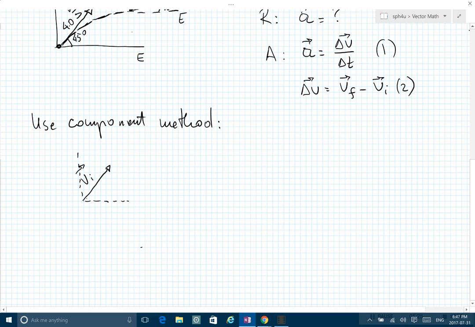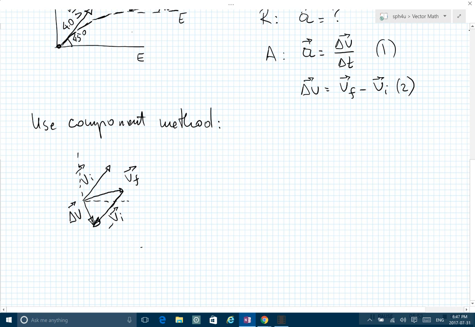I'm just putting both vectors in the same place. This is VF. And what we're looking for is, this is negative VI. We're looking for delta V, which is this one here. I know it looks a little bit messy here, but this is delta V.